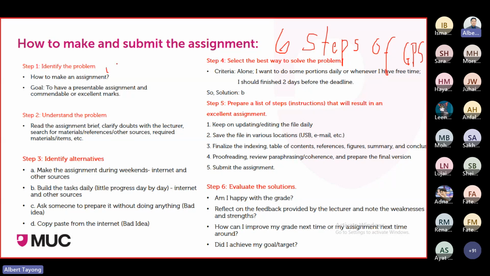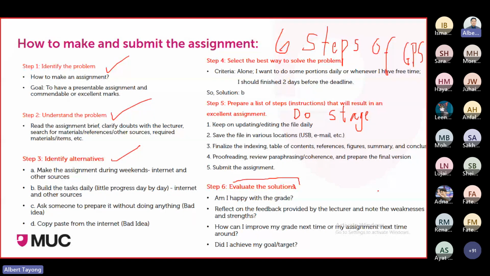So we have identify the problem, understand the problem, identify alternatives, and here we have to select the best way to solve the problem. And here we have the do stage or the implementation. We have to list the instructions to solve the problem and evaluate the solutions or the solution.